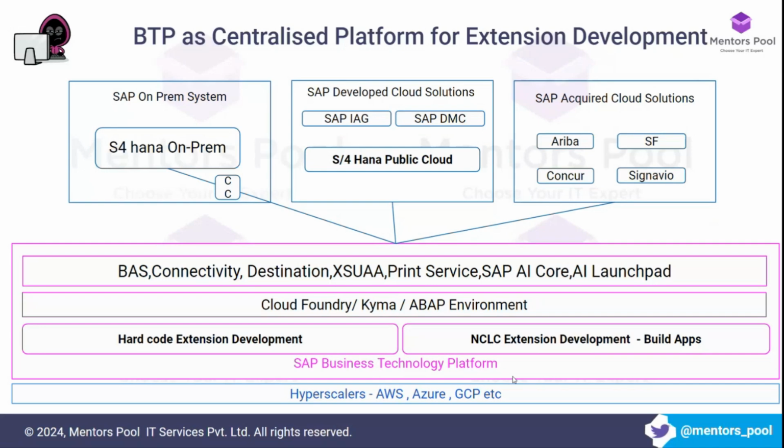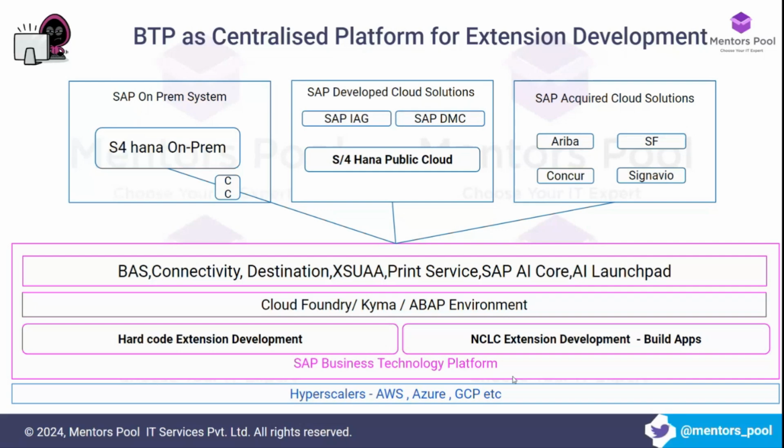Now we are talking about Steampunk standalone, not embedded, just an ABAP environment. So in BTP, you have the ABAP Cloud environment available, which is basically ABAP environment standalone without the workbench and the standard transactions, just the ABAP runtime and the ABAP programming language, which can be used to extend S/4HANA on-premise or ECC on-premise.